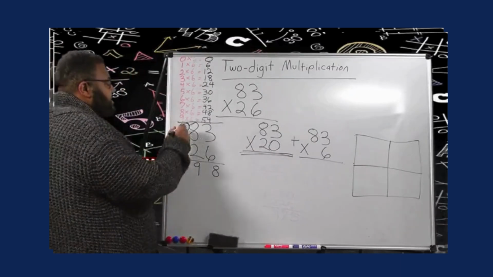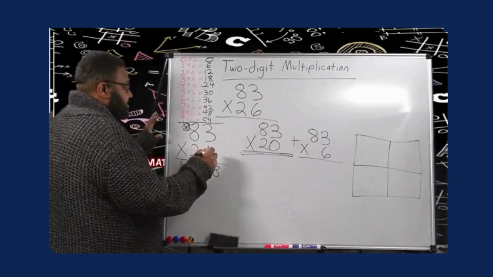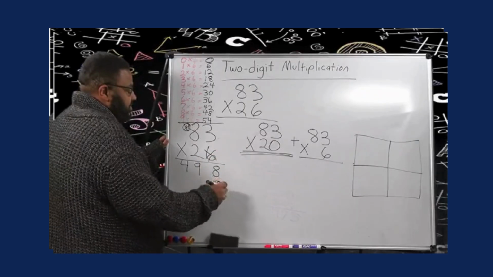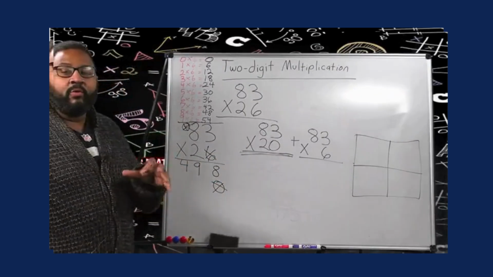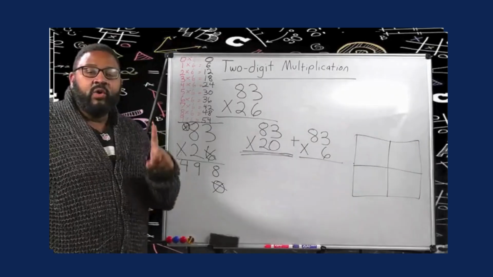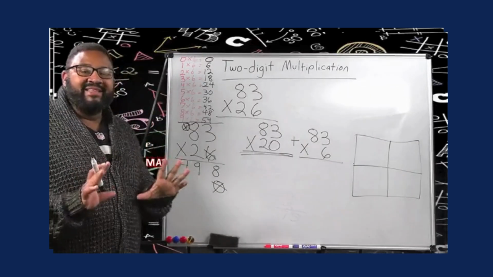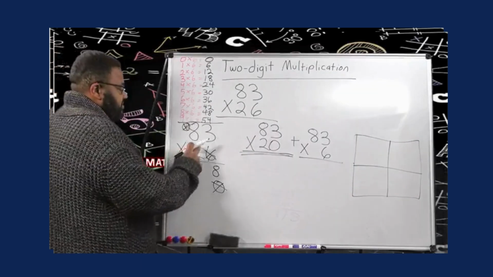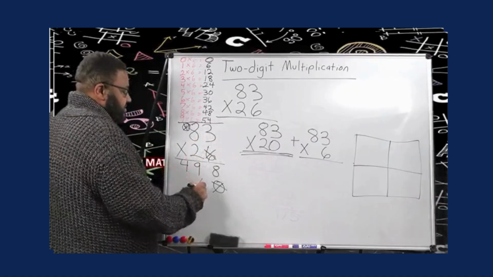I'm going to cross this out here. I'm going to cross this 6 out here. And I want to put a placeholder here, because I'm now done with my what? I'm done with my 1's place. And now I'm going to my 10's place. Okay? So now 2 times 3 is 6.